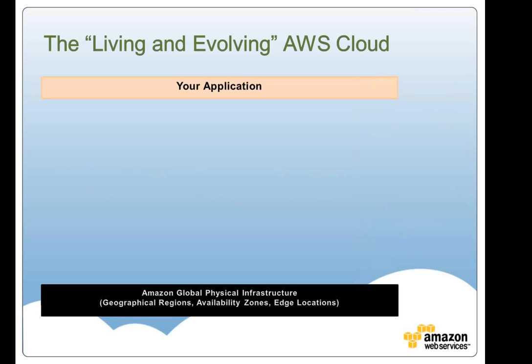So at the bottom we have Amazon's global physical infrastructure. We just talked about the regions, the fact that we have 6 separate geographical regions located around the globe. Within those regions, we further subdivide them into a concept that we call AZs, or availability zones. Each of these availability zones is effectively a separate data center with individual power, cooling, network connectivity, and so forth.